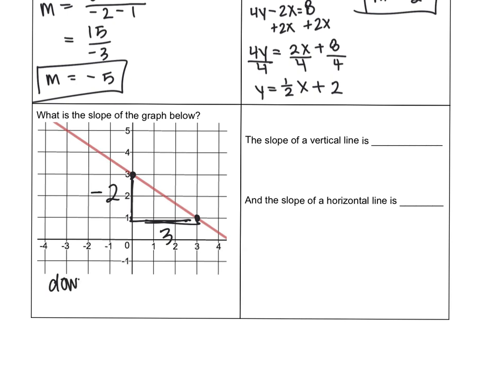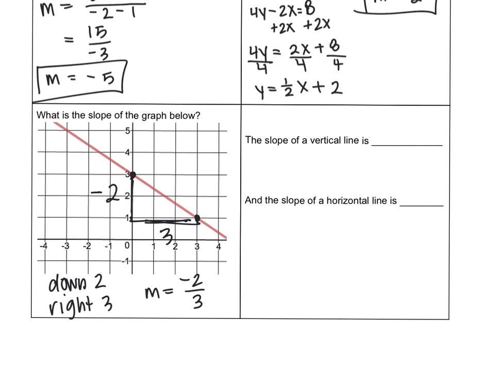So down 2, right 3 is a slope of -2/3. Because remember, slope is rise over run. You could have also used the coordinates 0, 3 and 3, 1 and used the formula to find the slope between the 2 points. Okay.